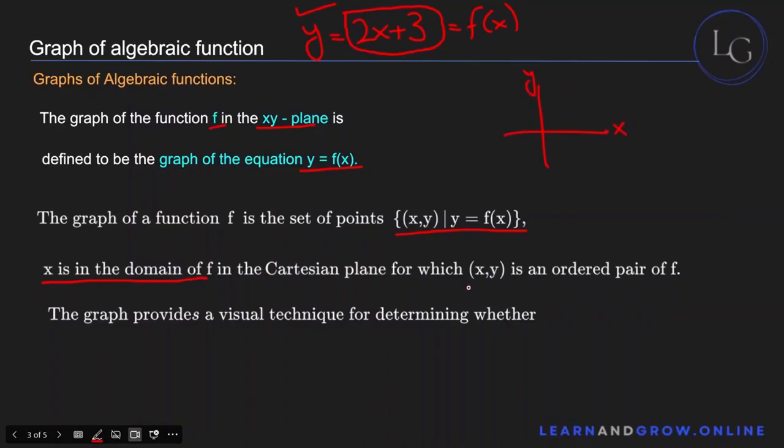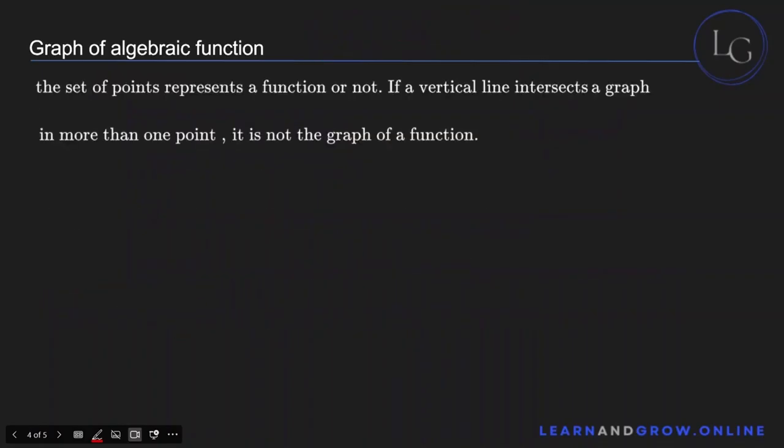And you have ordered pairs like these that relate the input x to the output y. So for example, the input x here, let's say this point here, is at 2 and 3. So 2 is the input x and 3 is the output y. So this is the ordered pair. And the graph provides a visual technique for you to determine whether the set of points represents a function or not, right?